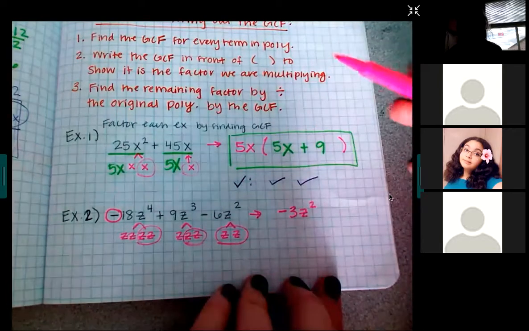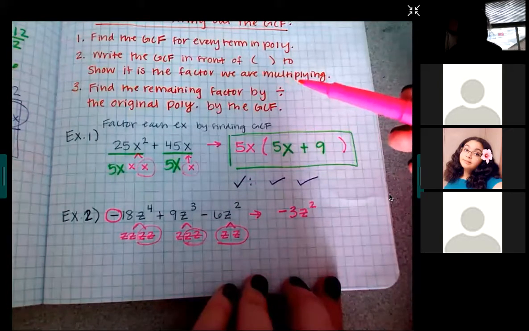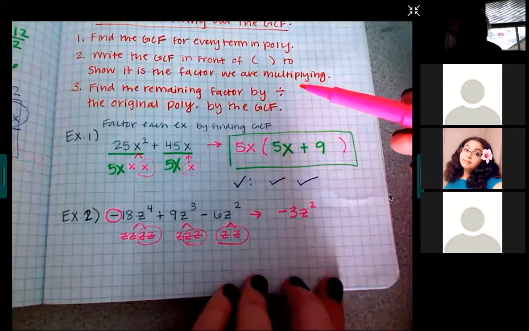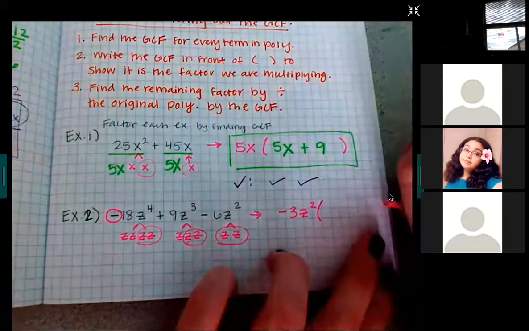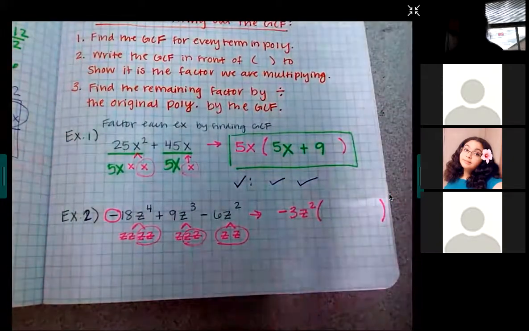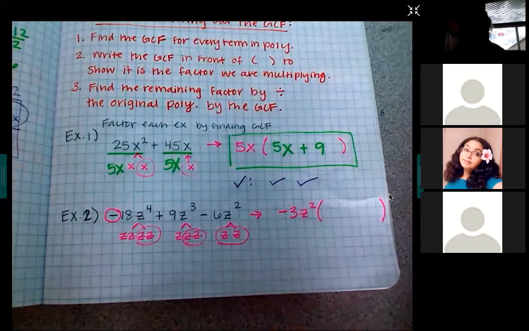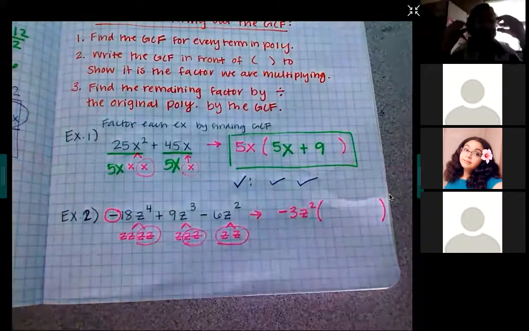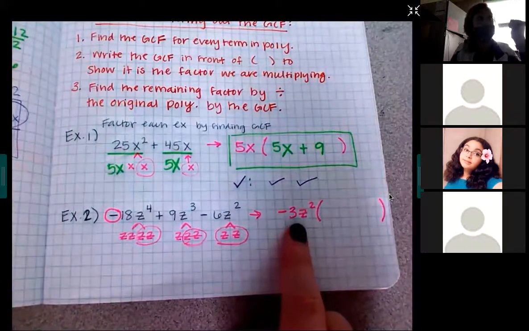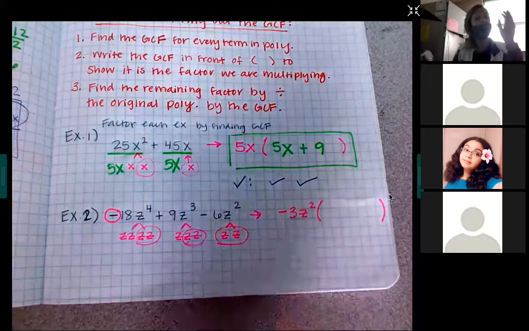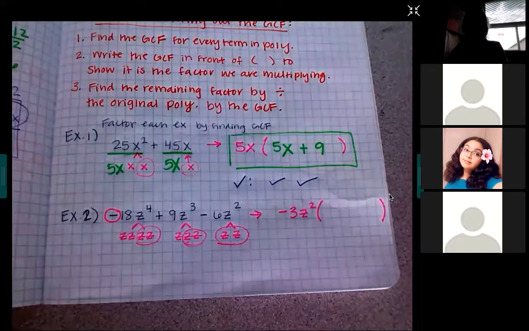Okay, we just did step 1. We found the GCF. What is step 2? You can read your notes. Write it in front of parentheses to show that we are multiplying. Because remember, factors are 2 numbers that multiply together. I just found the first factor. It's the GCF. That's the first one. Now I need to find out what I'm multiplying it by.